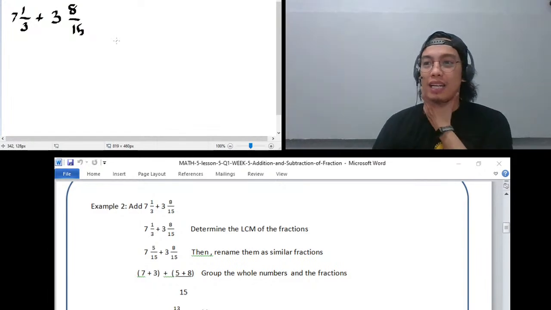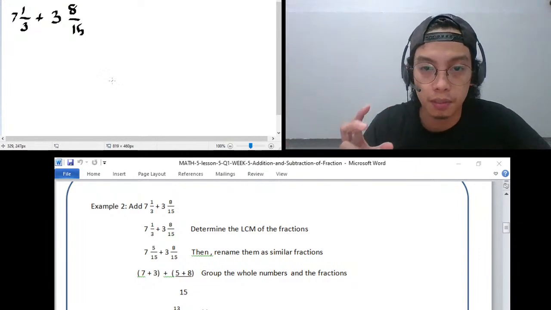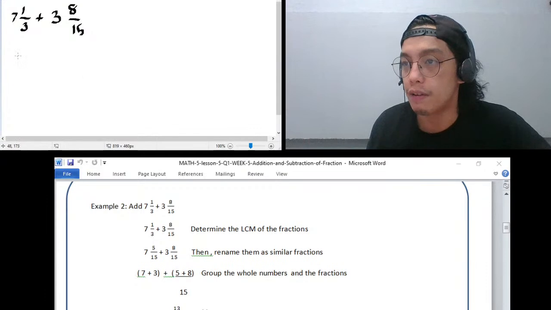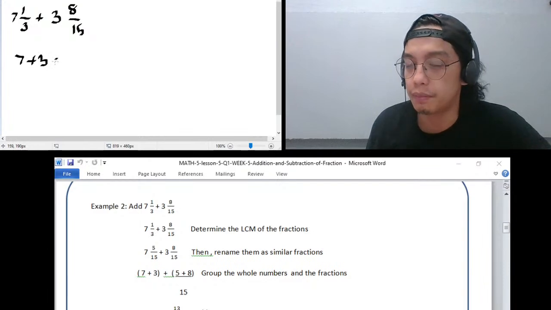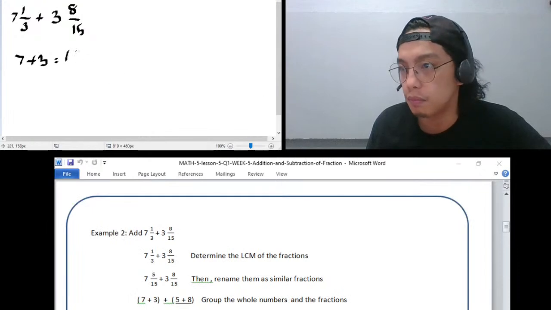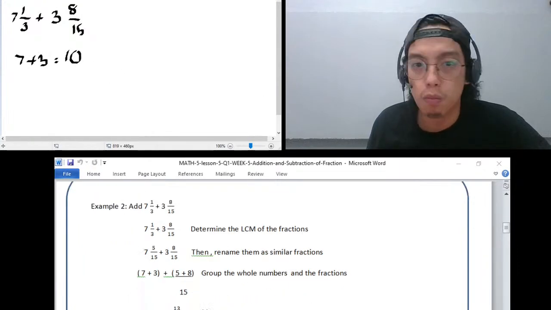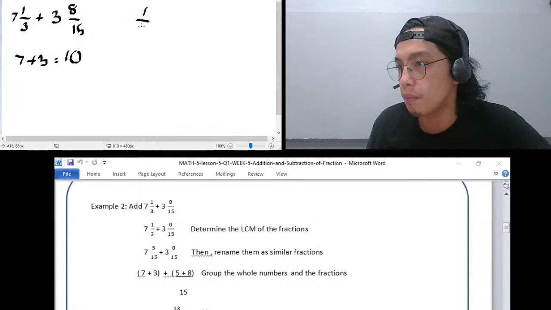So we can separate the whole number and the fraction. 7 is the whole number plus 3, is equal to 10. And then we have 1/3 plus 8 over 15.